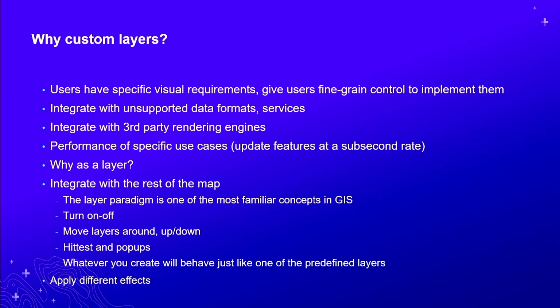Once something is implemented into a layer, from the API perspective, it is just yet another layer. You can reorder it, you can turn it on and off. If you choose to implement the hit test method, then pop-ups just show up with the data that you provide. And so basically anything that you can apply to a layer, you would be able to apply to the custom layer view that you would implement.